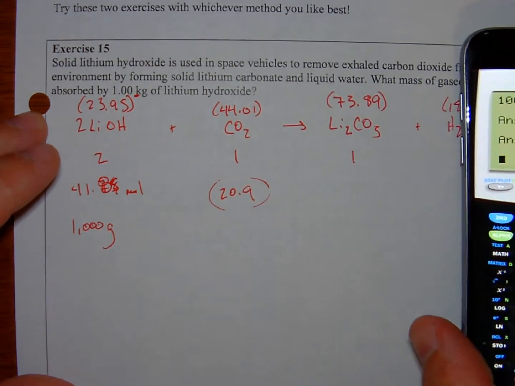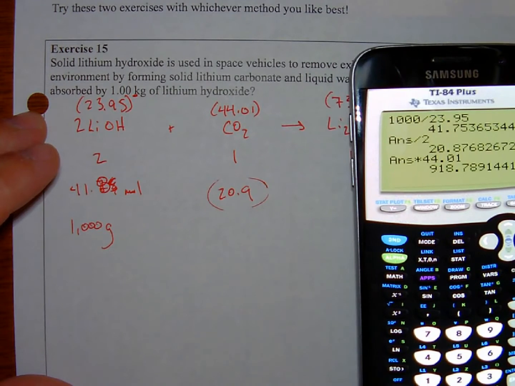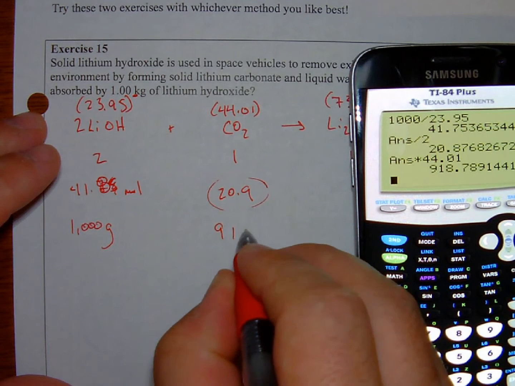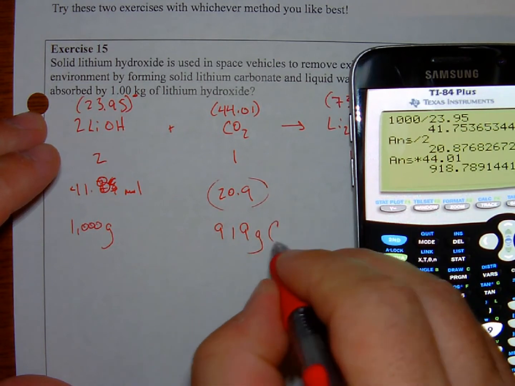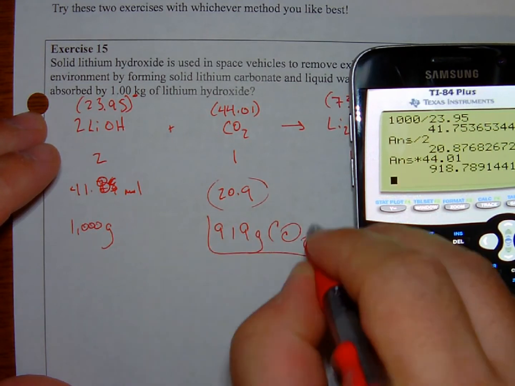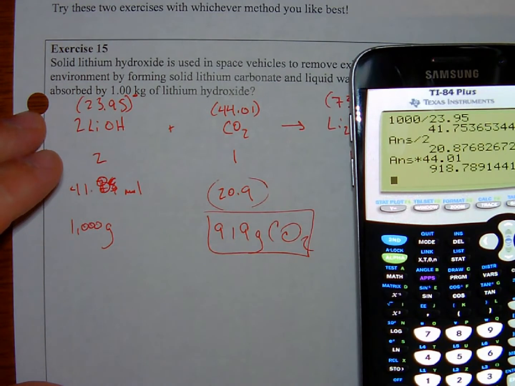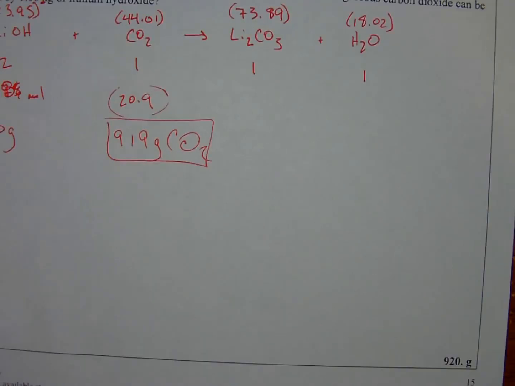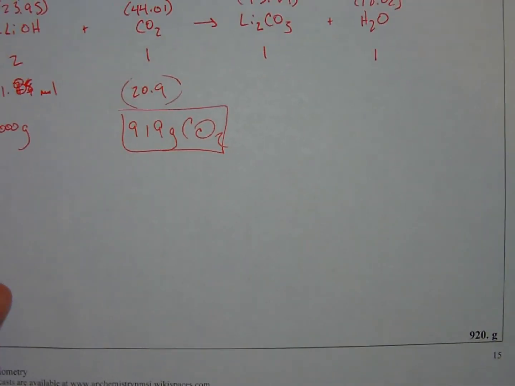Let's see. Again, 3 significant figures. So what does that tell me to do? 919? Of CO2? I think that looks good. Actually, see 920. Well, no, that's still fine.